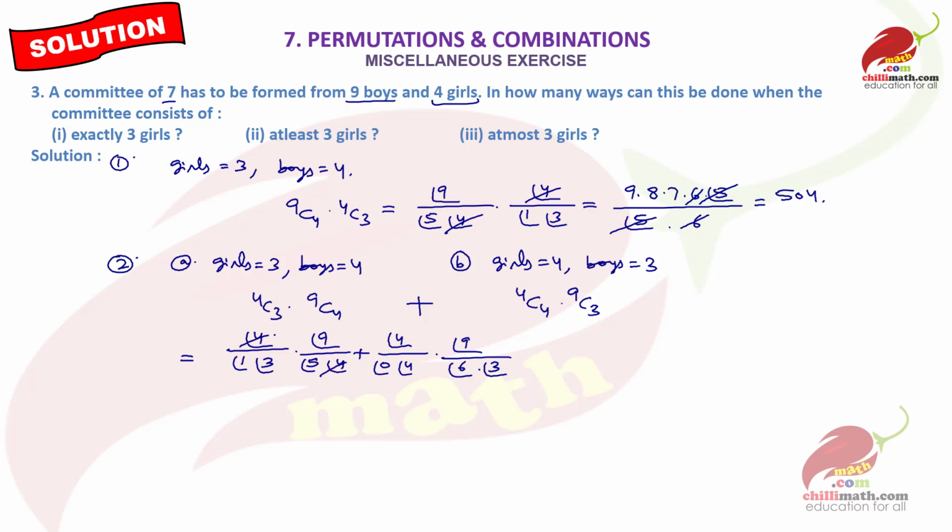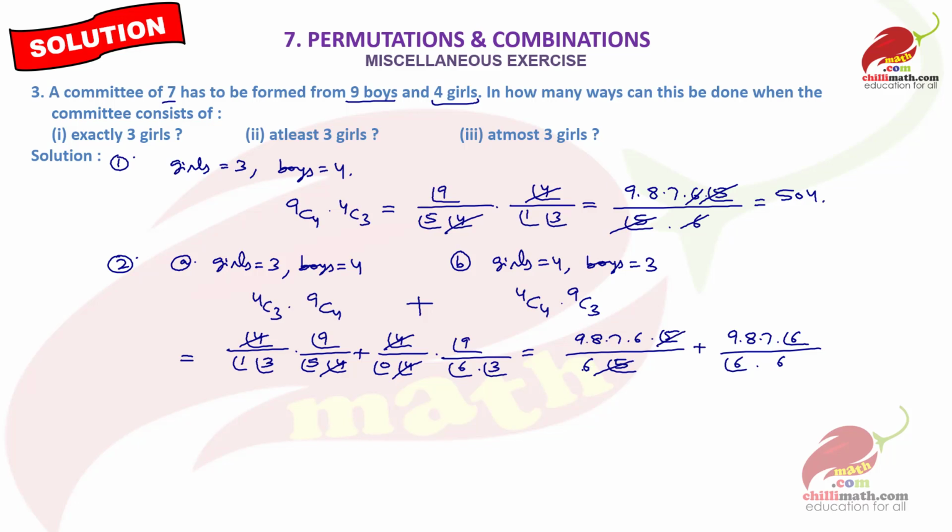This 4 can be cancelled. This is 9 factorial, we can take common also. Let's solve this. 9, 8, 7, 6, 5 factorial over 5 factorial. This is 3 factorial, that is 6. Plus 9, 8, 7, 6 factorial over 6 factorial into this 6.